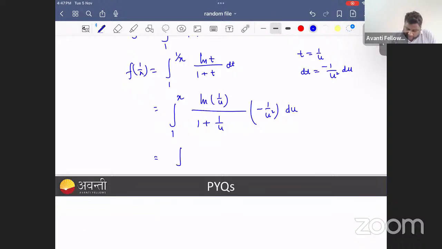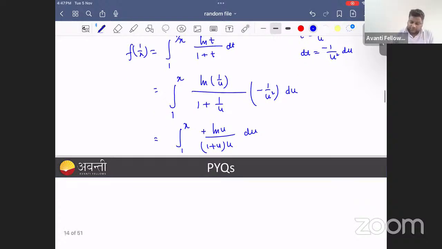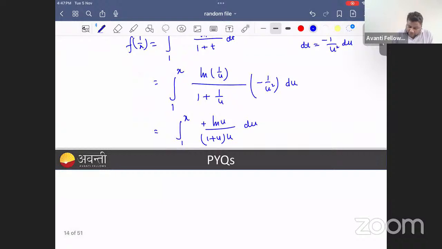So it will be from 1 to x minus of ln u upon 1 plus u into du. One u will get cancelled out and both minus will become positive. So this can also be written as 1 to x ln t upon t into 1 plus t dt using property 2 of the integration.